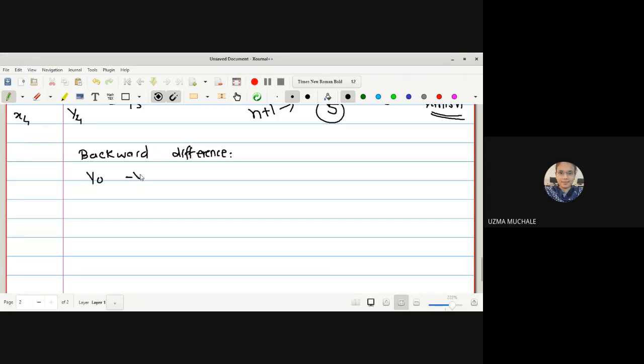Say y0, y1, and so on up to yn, that is, a set of n plus 1 values are given.